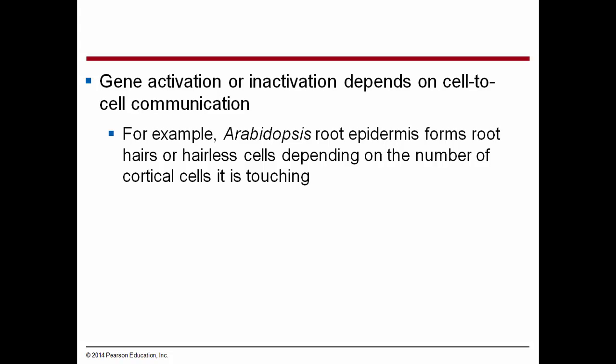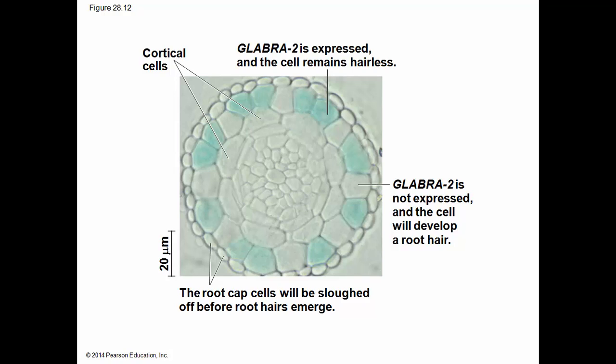For example, Arabidopsis, which is a very well-known and highly studied relative of garlic mustard, a species that's very well known to scientists, the root epidermis forms root hairs or hairless cells depending on the number of cortical cells it is touching. Okay, so this is the gene glabra2.